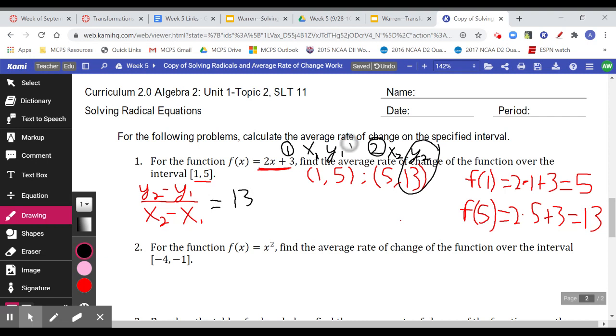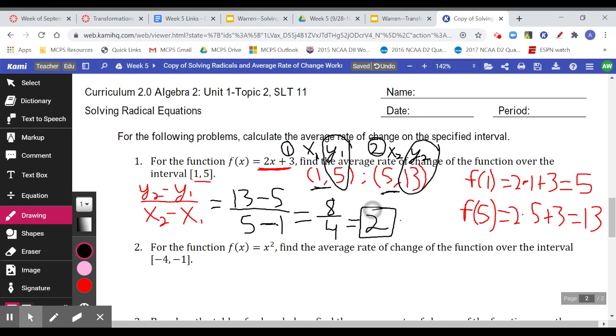If I'm looking for y1, that is 5, okay? And then over x2 minus x1. So x2 is 5, x1 is 1. Okay. So 13 minus 5 would give me 8, over 5 minus 1 gives me 4. And my average rate of change is 2.